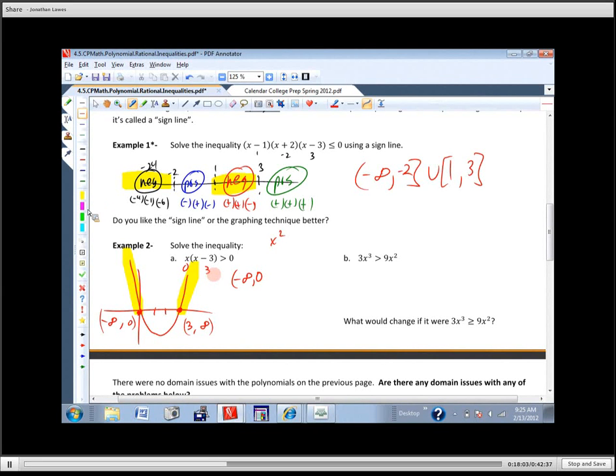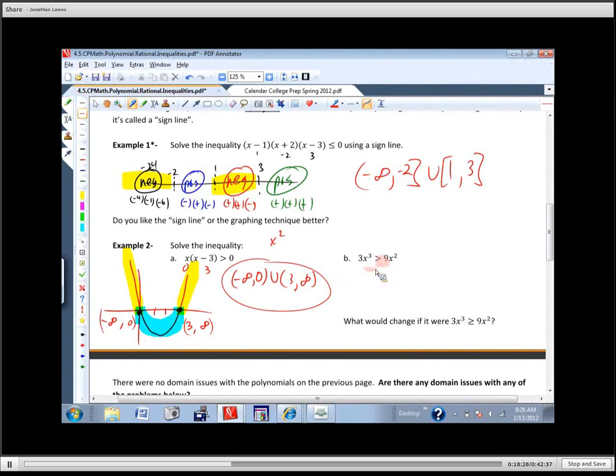So everything from here over to here is below or on. We only want above. So we open parentheses, okay, round, start again at 3, and go to infinity. Okay, that's the answer. Any questions? Sure?